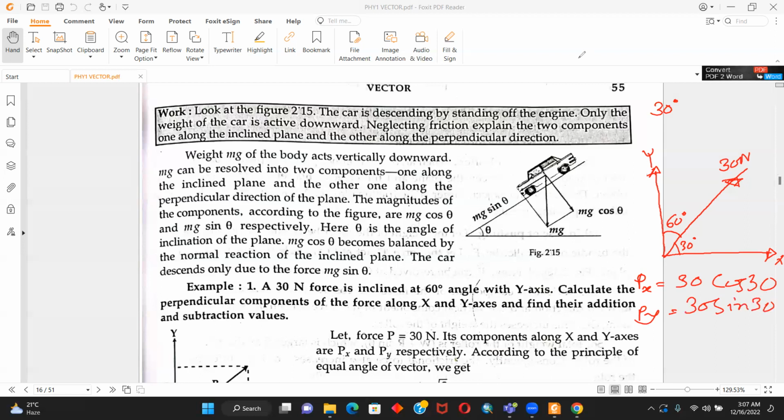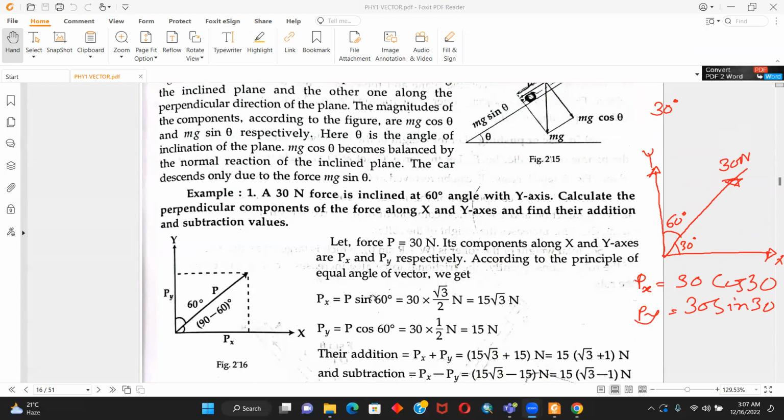Let's see what they've done. So what they have done is P sin 60 degree. So they have inverted the things. Not necessary. We will calculate the angle between x-axis and that particular vector. It will make our calculation easier.